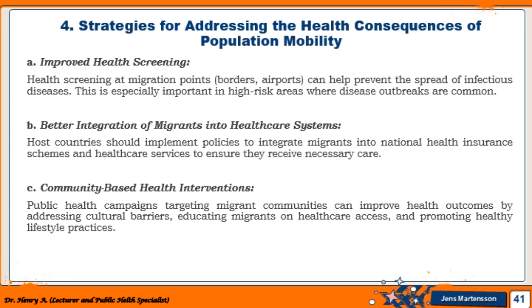Finally, it is the community-based health interventions. Under this intervention, we have public health campaigns that are targeted at migrant communities, and this can improve health outcomes by addressing specific cultural barriers and also providing education about local healthcare access and the services that they can access.